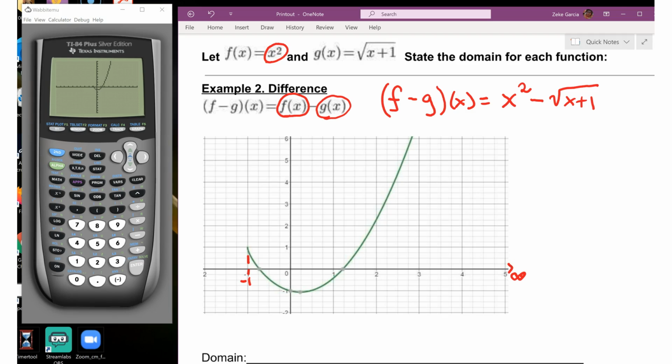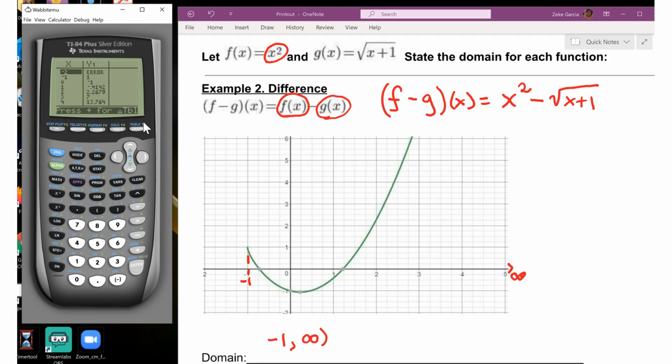Okay, so the question is, do we include -1? Because we know that after -1, it's going to be part of the domain. The question is, will the domain include -1? And we're going to go back to our table, second graph.